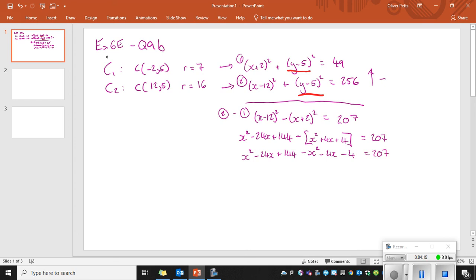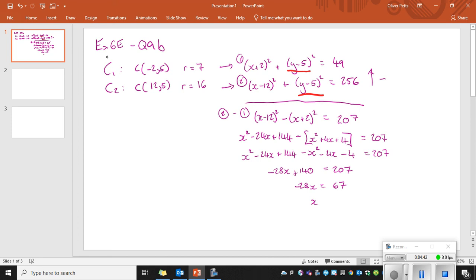Okay, collecting everything together, the x squareds will cancel one another out. I'm going to have a minus 28x, and a plus 140 is equal to 207. Okay, subtracting 140 from both sides, that's going to leave us with 67.